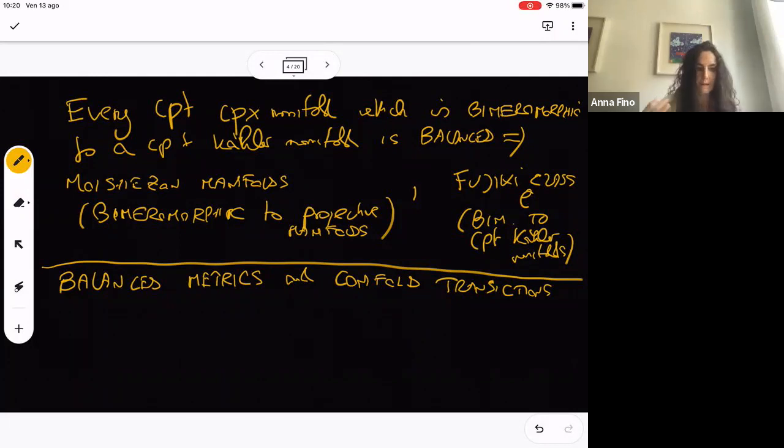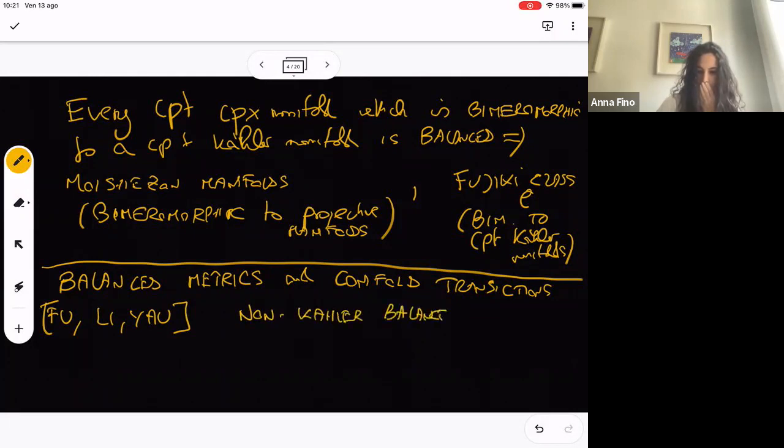The construction is due to a paper by Fu, Li, and Yau. And the idea is to construct non-Kähler balanced threefolds, so complex manifolds of complex dimension three, via the so-called Clemens-Friedman construction.